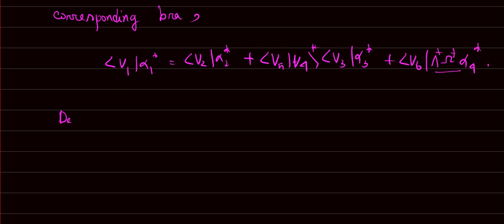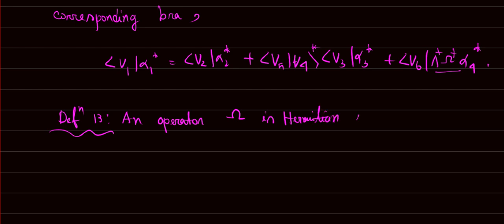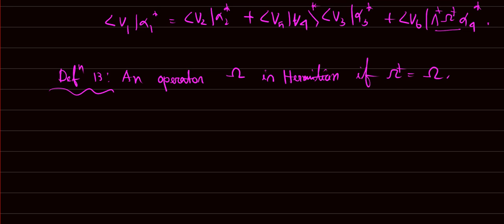We'll first just give definition 13. An operator omega is Hermitian if the adjoint of the operator is the same as the operator itself.